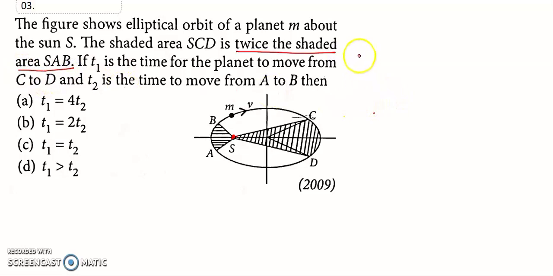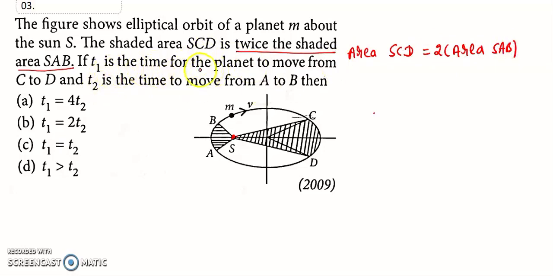So the area of SCD is equal to twice the area of SAB.